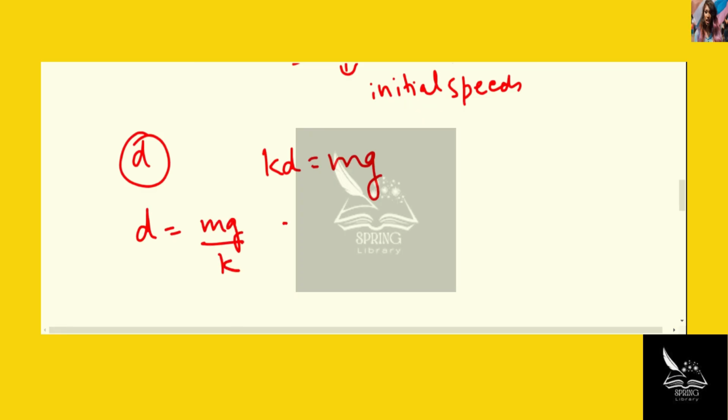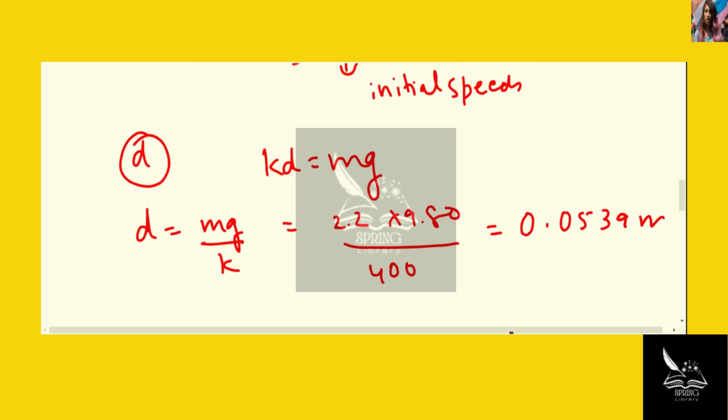So the weight of the stick will stretch the spring an additional distance d, which is given by kd equal to mg because of the weight of the stick. Hence, d equals mg upon k, which equals 2.2 into 9.80 upon 400 Newton per meter, which is equal to 0.0539 meter.